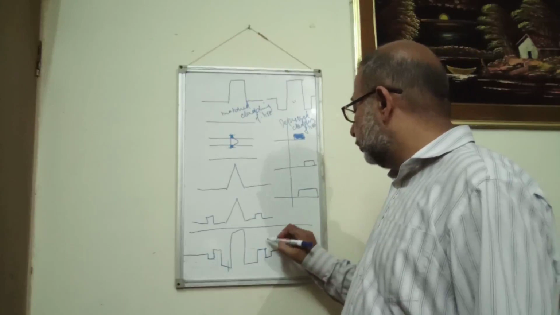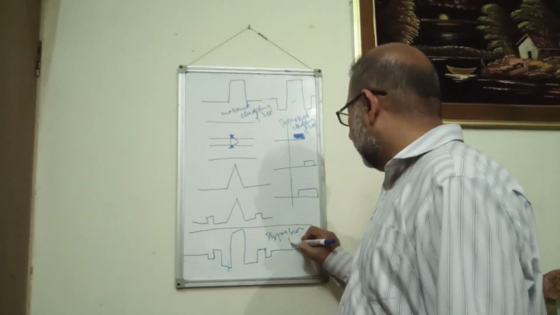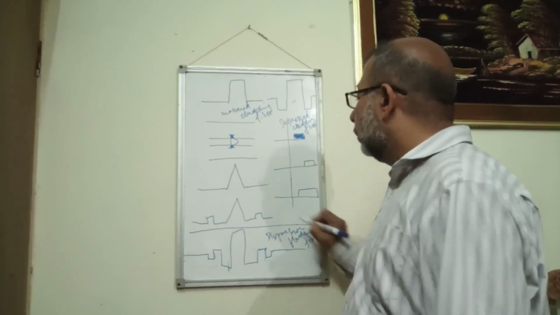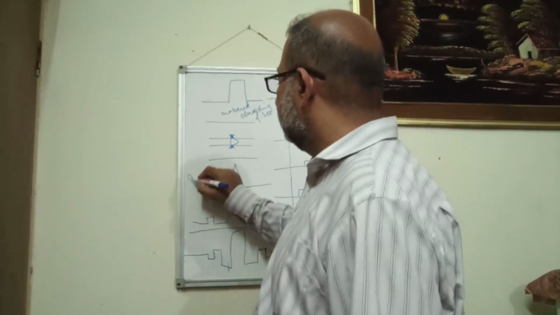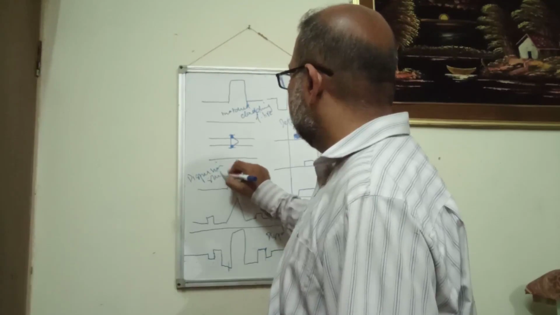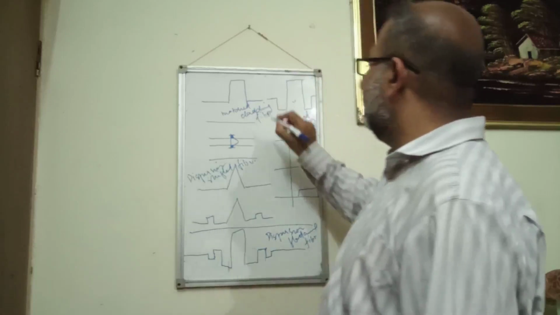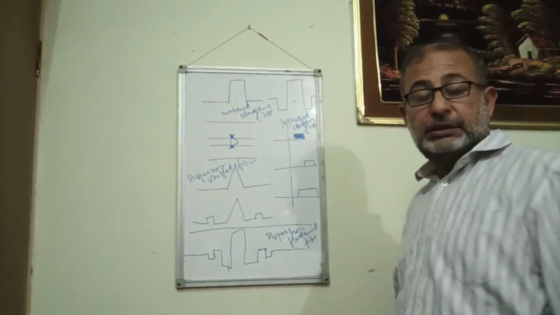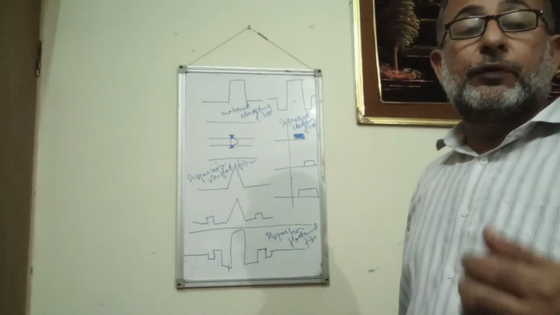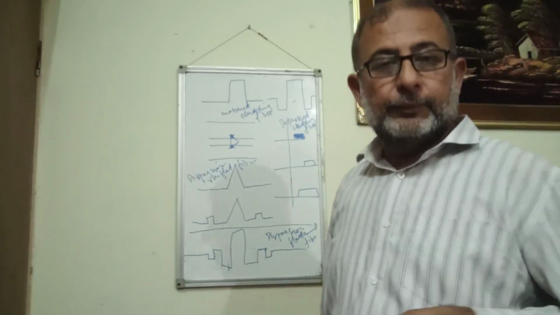This is dispersion flattened fiber, while this is dispersion shifted fiber. This was the matched cladding fiber, and this was the depressed cladding fiber, in which we had the advantage of lower mode field diameter. Thank you very much.